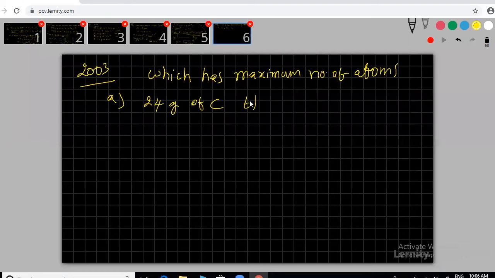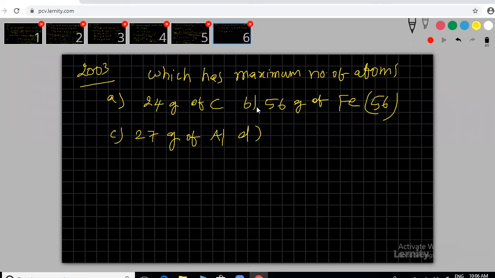Option B, 56 grams of iron; Fe atomic mass is 56 only, sir. Option C, 27 grams of aluminum. Option D, 108 grams of Ag; Ag weight is also 108 grams. You don't want to do too much, just find the answer directly.